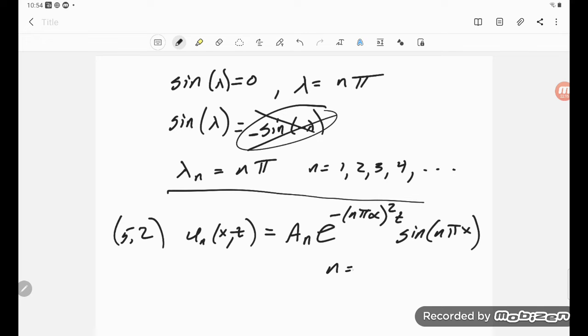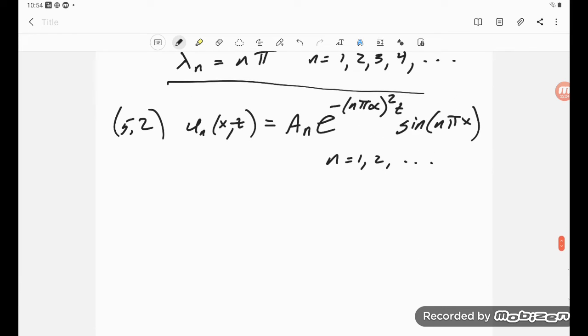And n can be 1, 2, and so on, up to infinity. So there are our possibly infinite number of solutions. Again, it depends on the initial conditions.